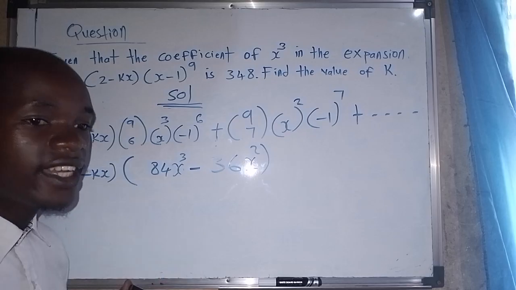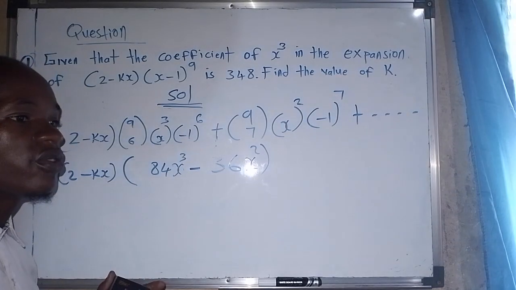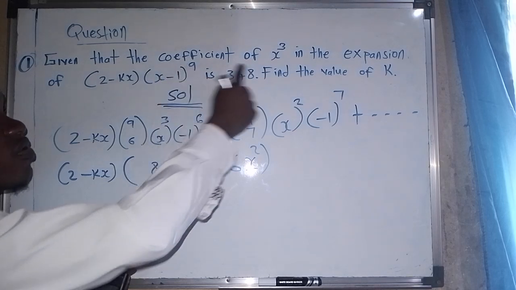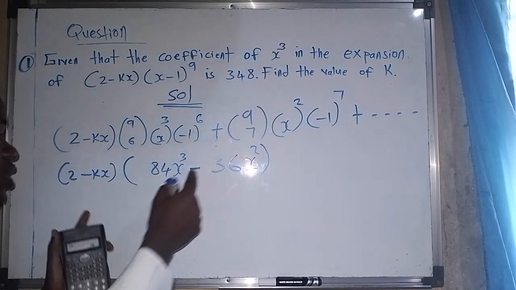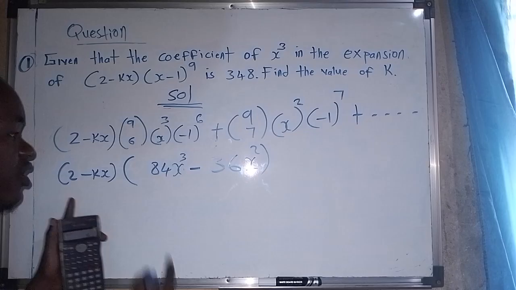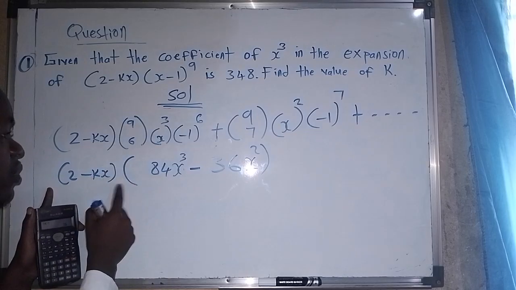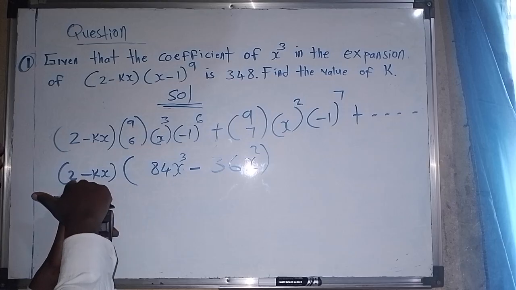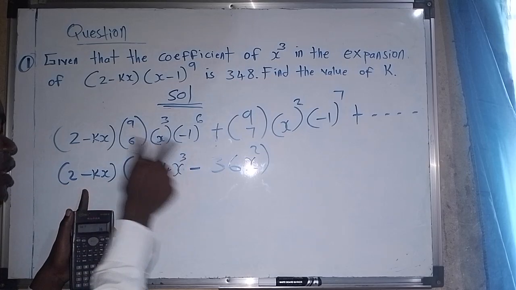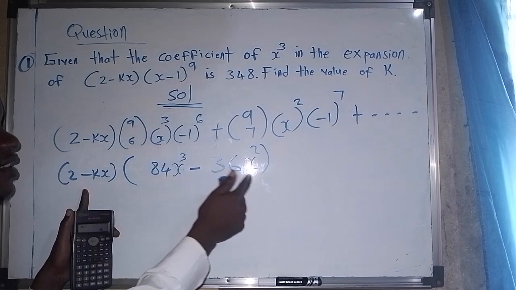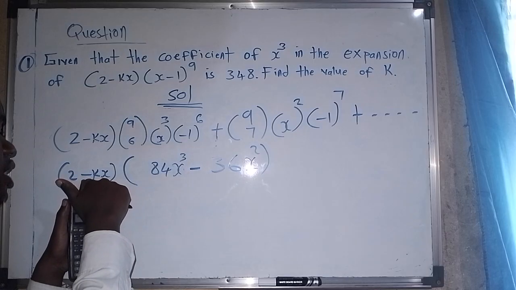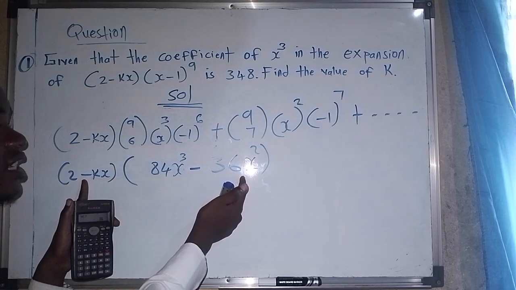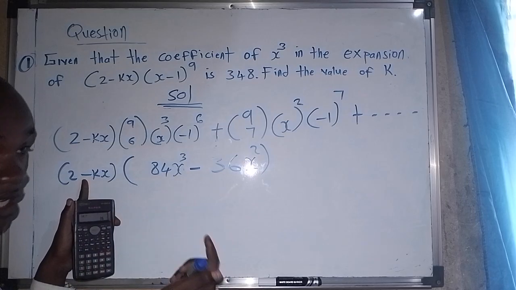the idea is to get the powers with x power 3. Since they're saying the coefficient of x power 3, we are not going to multiply normally. I know these brackets here, they mean that we are multiplying, but for us to multiply normally, we'll go like 2 times 84x power 3, again 2 times negative 36x power 2, then after that we start with negative kx times this, times 84, then again times negative 36.